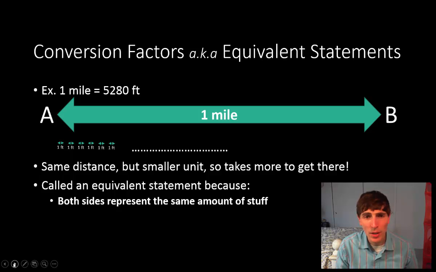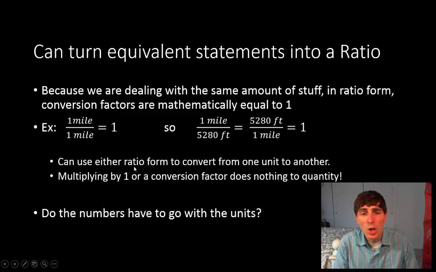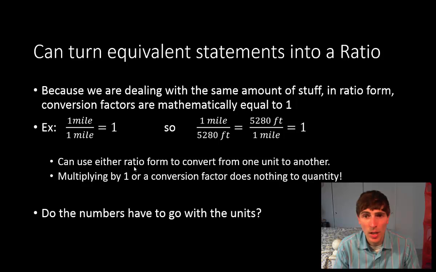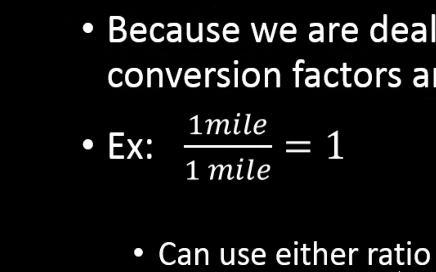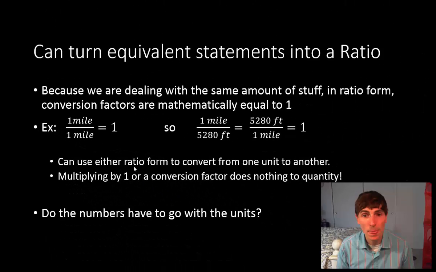So I'm going to show you how we can use an equivalent statement to go from one unit of measure to another. What we can do is turn the equivalent statement into a ratio. And in ratio form, because we said that there's the same amount of stuff on each side of that equation, whenever I divide something by itself, I get 1. A great example is a mile divided by a mile. The 1's cancel, the miles cancel, 1 divided by 1 is 1.